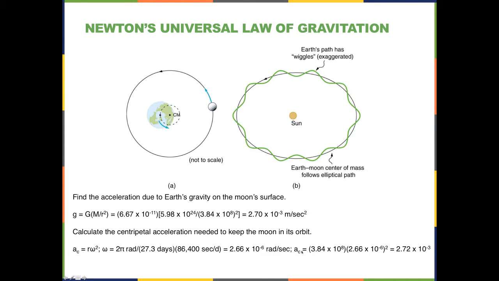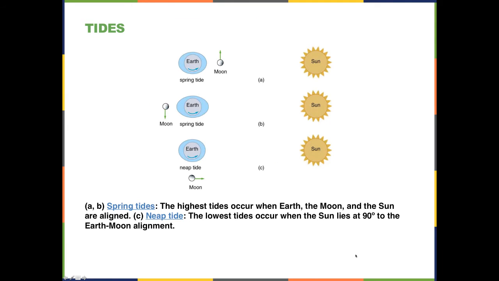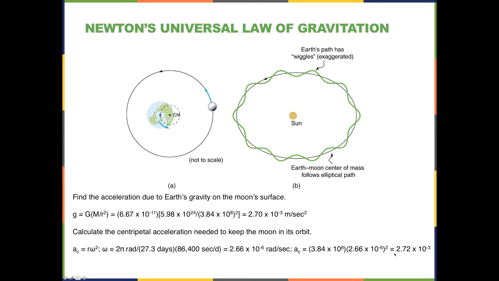The acceleration, centripetal acceleration, is now going to be equal to that radius times the angular velocity squared. And if you do the math here, you get 2.72 times 10 to the minus 3. So that's the centripetal acceleration necessary to keep the moon in its orbit.